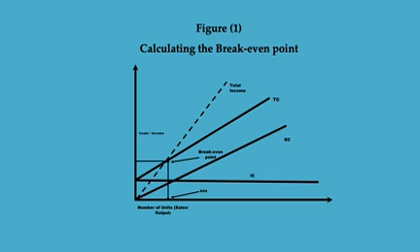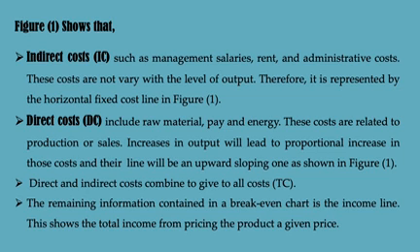And the direct cost starting from 0 point, and there is a line, total cost, indirect plus direct cost, and the last one for the total income.